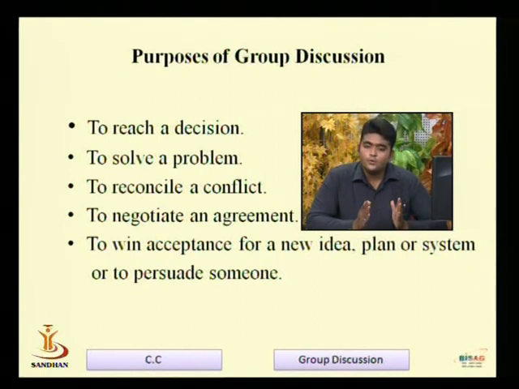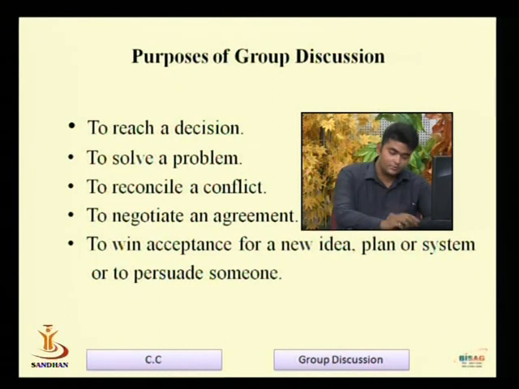So to win acceptance is also one of the important points of group discussion. Winning acceptance creates more value, and which helps in your working. So these are some important purposes of group discussion: to win acceptance for a new idea, plan or system, or to persuade someone is one of the key purposes of group discussion.